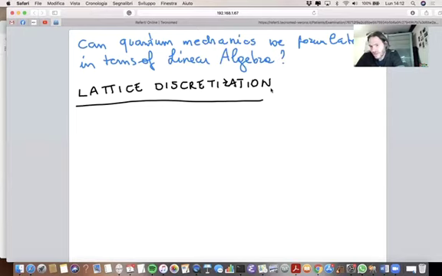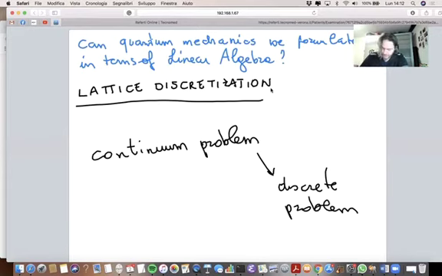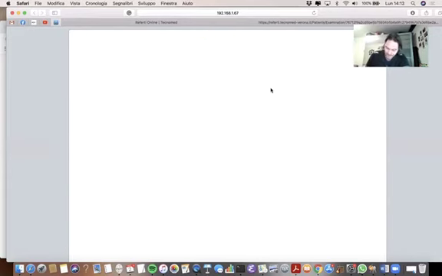Lattice discretization is a way to approximate a continuum problem by means of a sufficiently fine-grained discrete problem. How? Well, let's see. Suppose we have a wave function that describes a physical system.